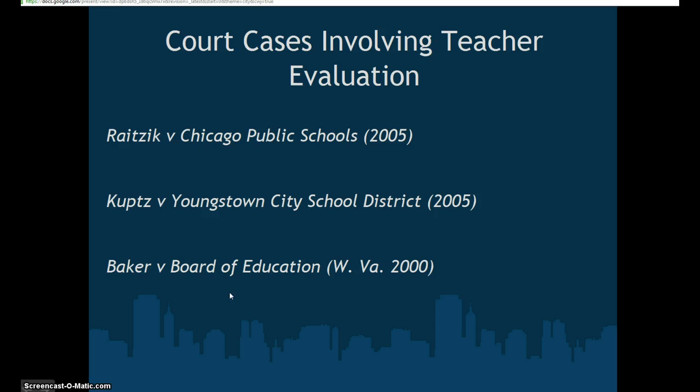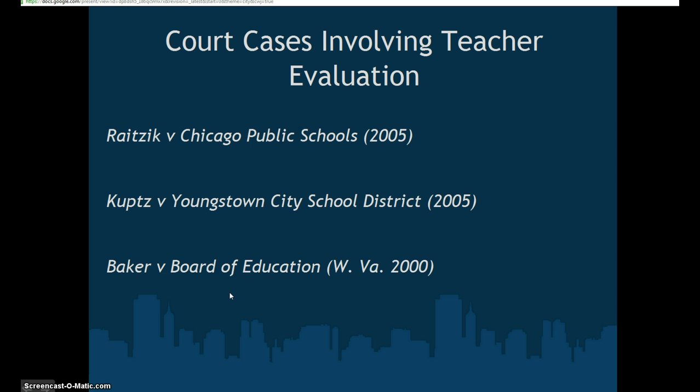Here are a couple of court cases that I found that were interesting to me involving teacher evaluation. The first one was Ratzuk versus Chicago Public Schools in 2005. In this case, a 20-year veteran teacher was reassigned to a new school where she struggled to be successful. Her evaluator implemented a remediation plan which included assistance from a mentor.